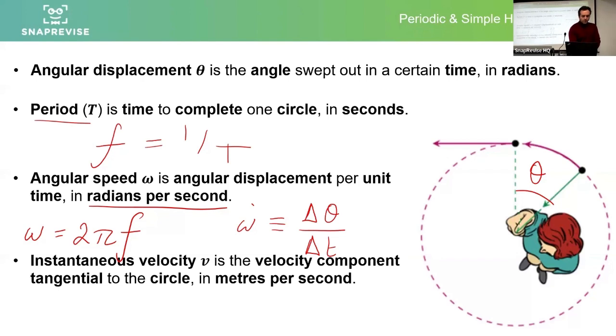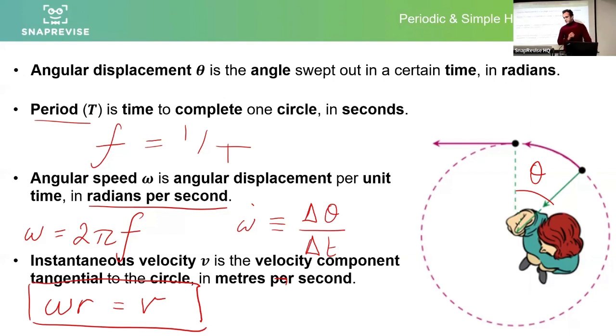Therefore, however many radians we're turning per second, the angular speed, if we simply multiply that by the radius, that is going to be our linear velocity, our linear speed. Okay, that's not necessarily a derivation, it's just an explanation. But get this equivalence into your head. That is a really useful conversion to be aware of.